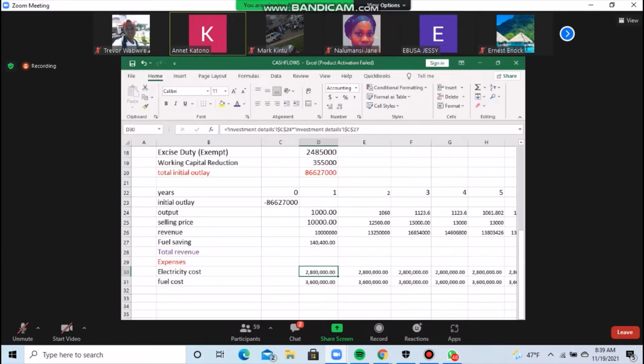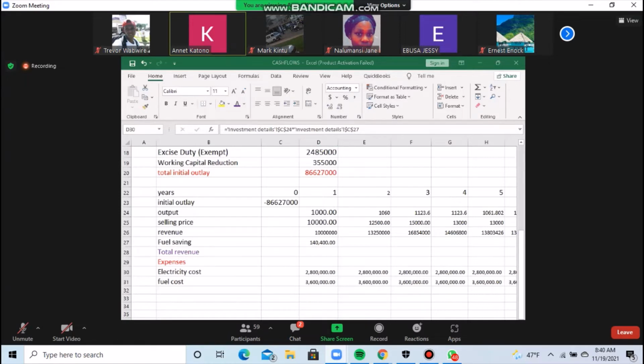Then why didn't we use the fuel cost as well? Like fuel times the quarter. Why were we using again the month? Why are we not using quarterly?